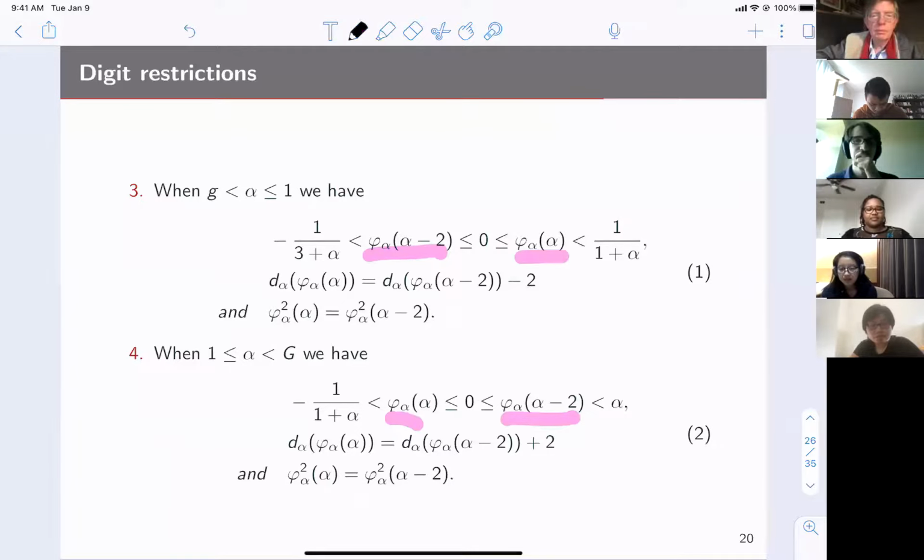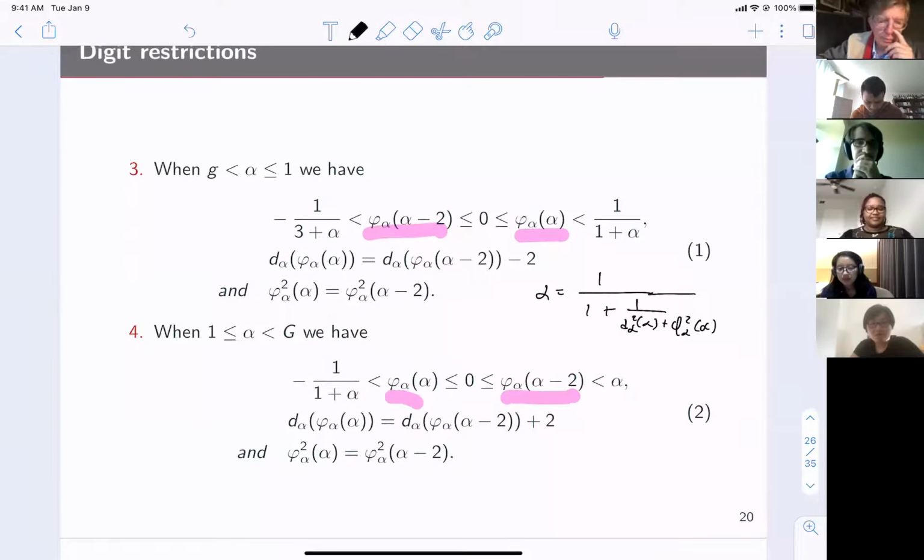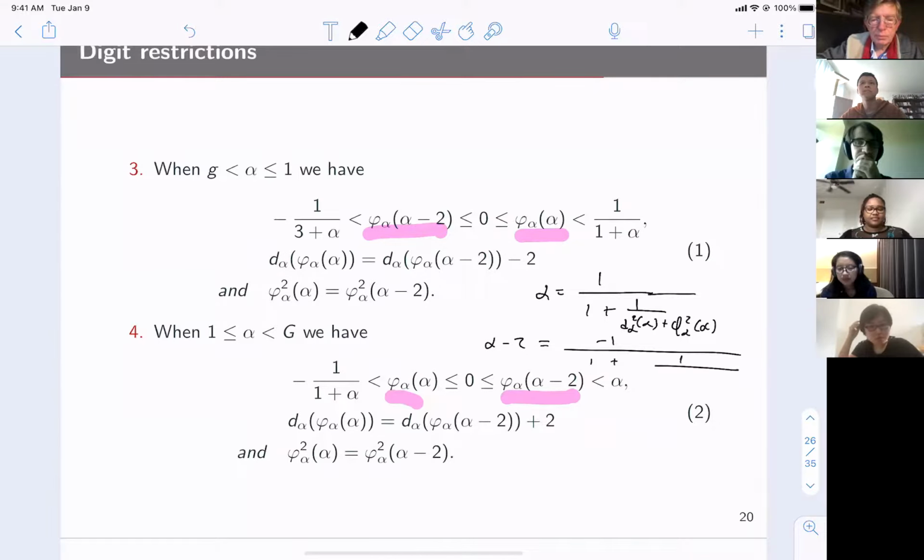So we have here alpha is 1 over 1 plus 1 over phi alpha, I'm just going to put squared, plus phi squared alpha of alpha, and alpha minus 2 is negative, and then we subtract 2, but this is now the same for the rest of it.